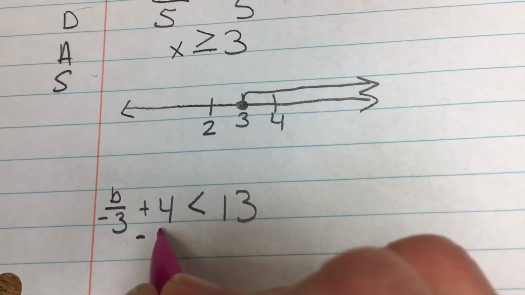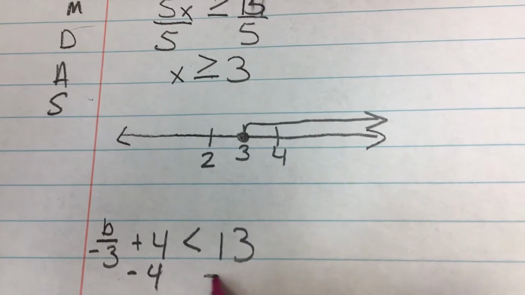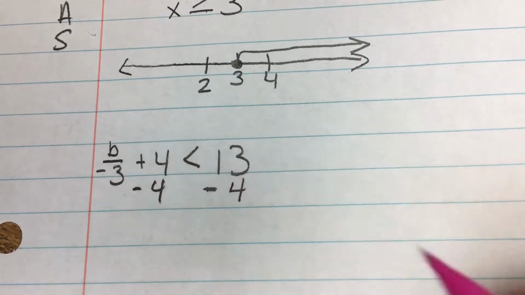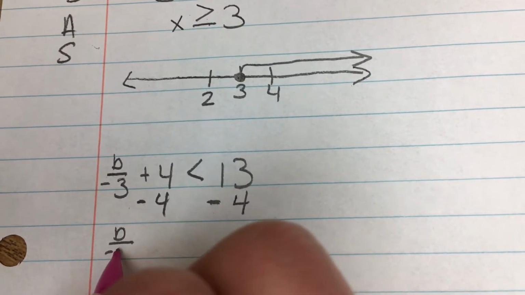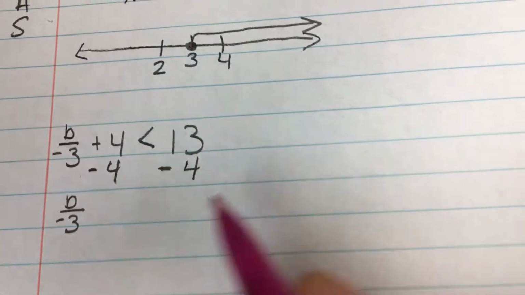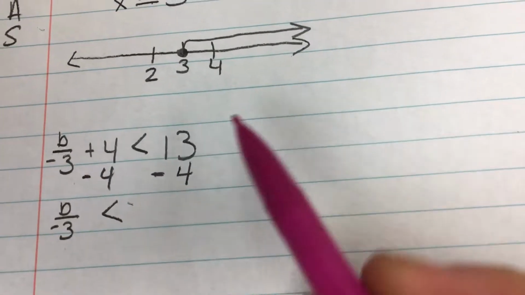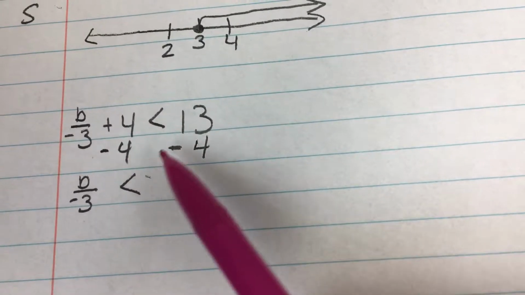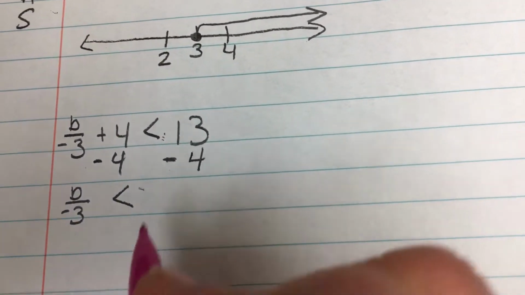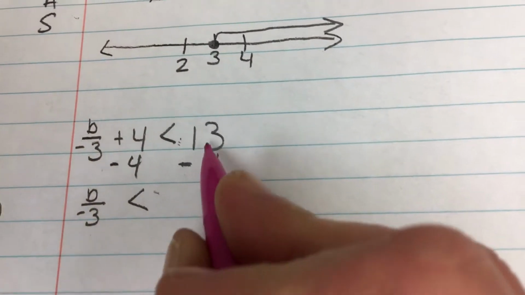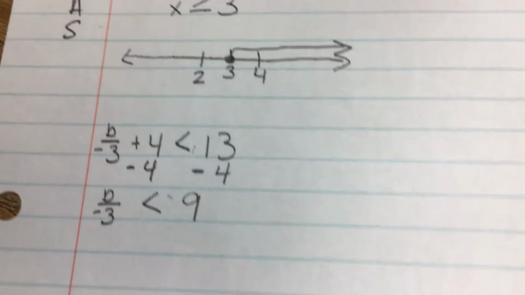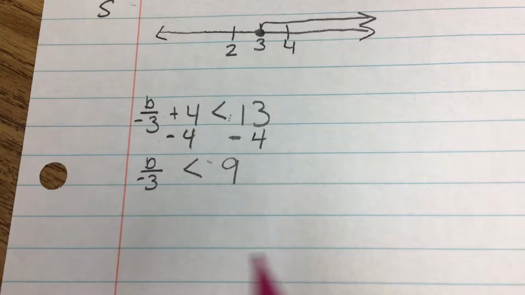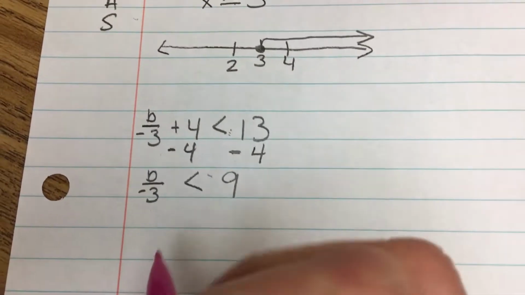I'm going to subtract 4 here and subtract 4 here, which leaves me with b over -3, and that is less than, and again, when you're adding and subtracting, that does not flip the signs. So 13 minus 4, let me see if I can do a better job of my addition and subtraction than last time.